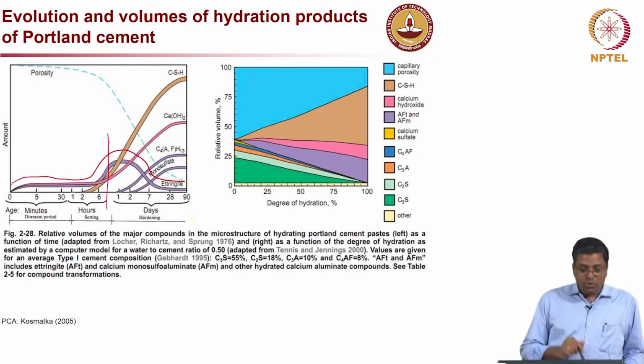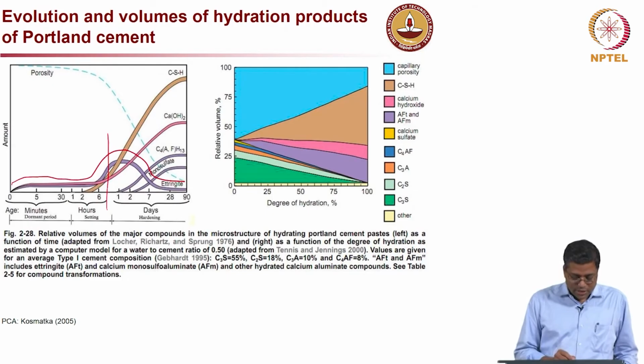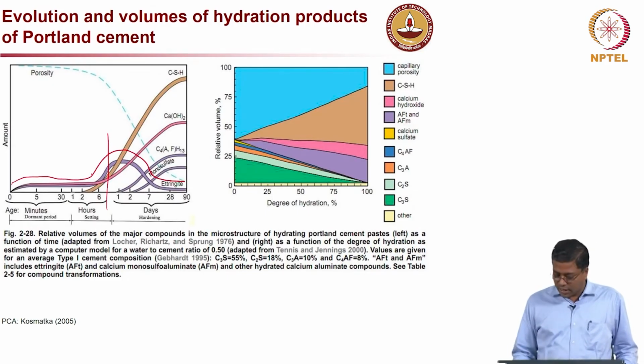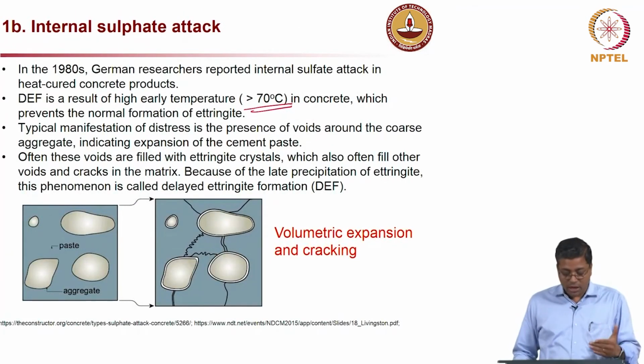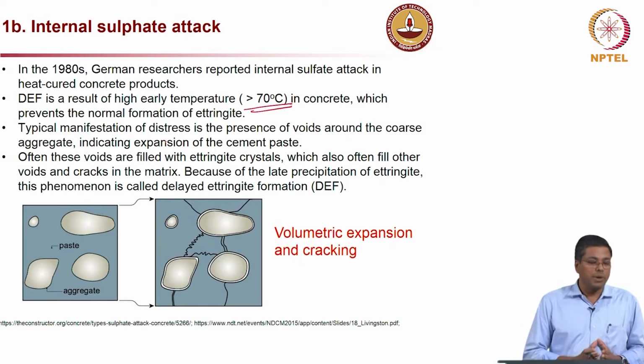But when you have this high temperature of greater than 70 degrees Celsius, the ettringite is not stable and it does not form at that time and does not occupy the space required.